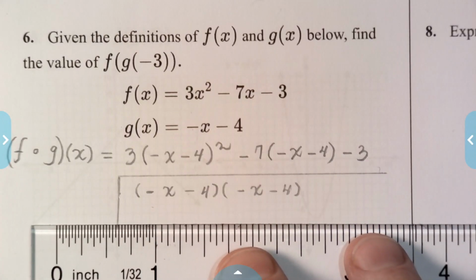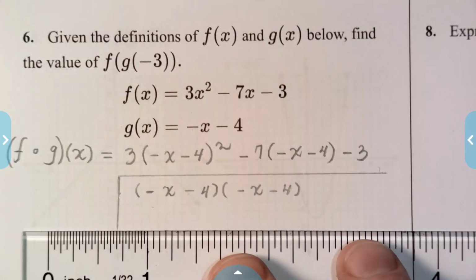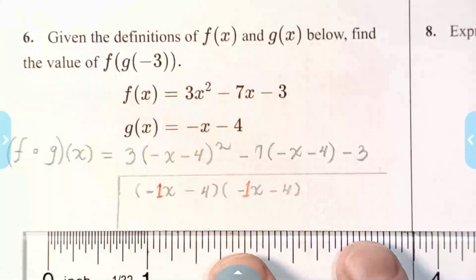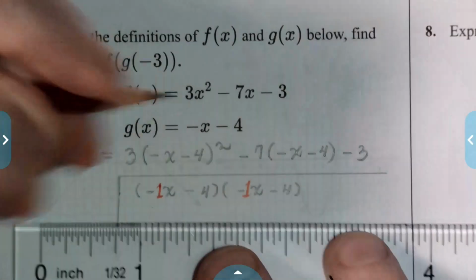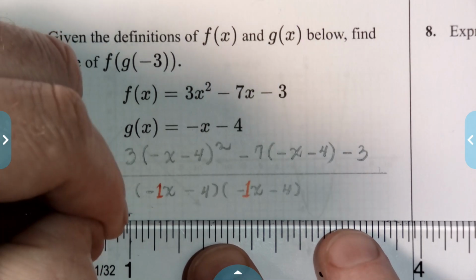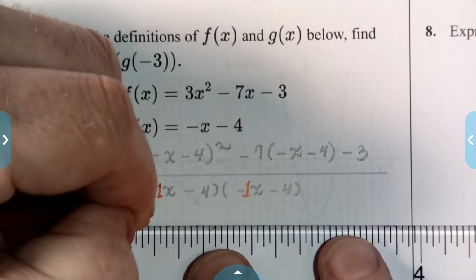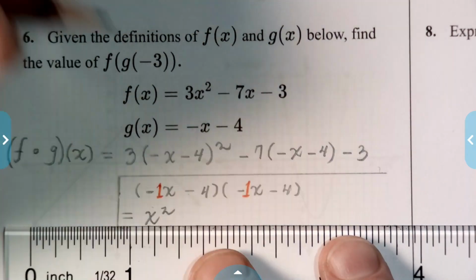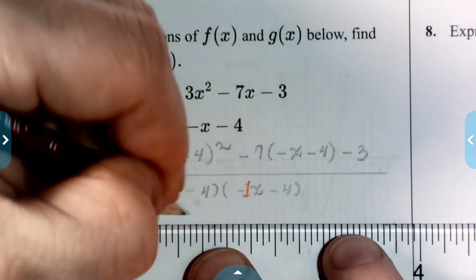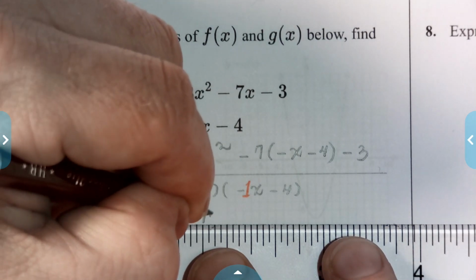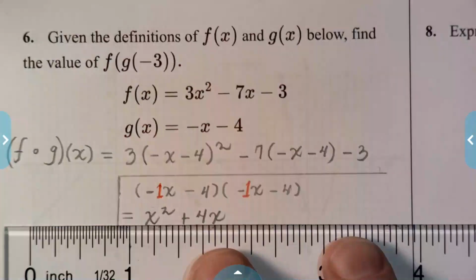Okay, and so first, outer, inner, last. Remember, we can put a 1 in here to help you remember what to do. So negative 1 times negative 1 is positive 1, and x times x is x squared. So this is x squared. Outer, negative 1x times negative 4 is plus 4x. And inner, we have the same thing.